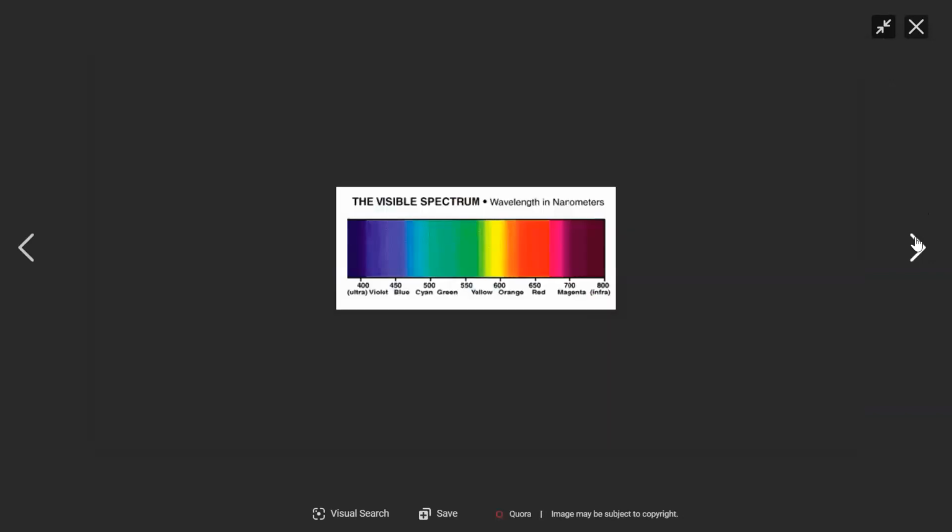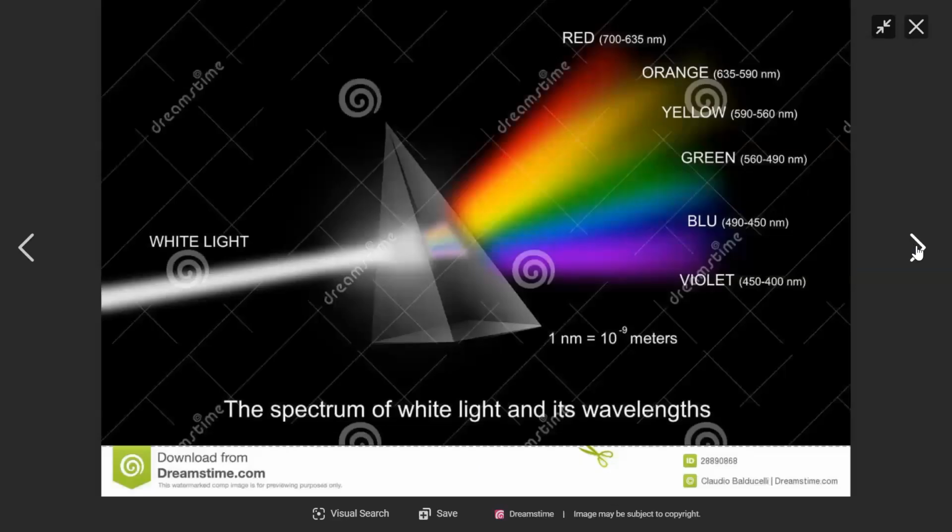Now this is what I was telling you on that day, that the 7 colors are not differentiated, there are no visible boundaries between the 7 colors, and they are superimposed on each other. So you cannot make the visible boundaries. So this is the spectrum of white light.